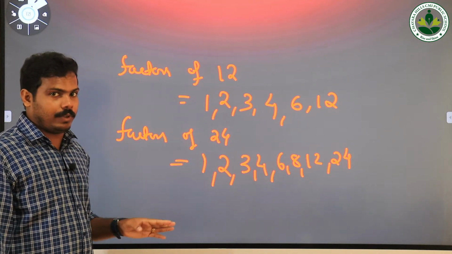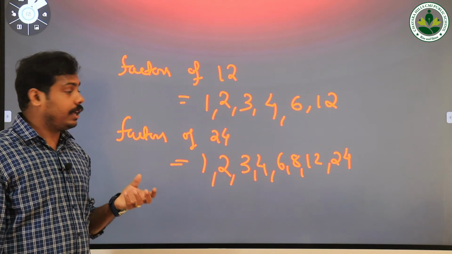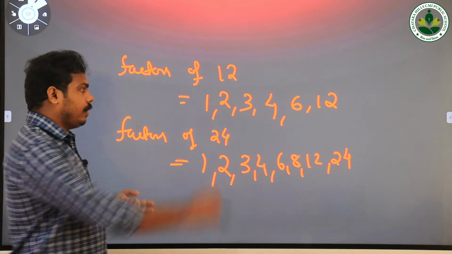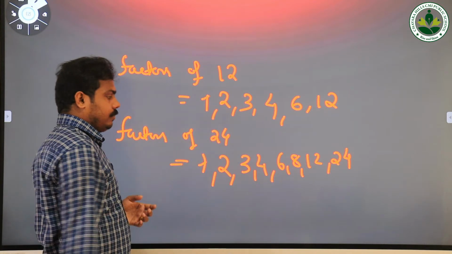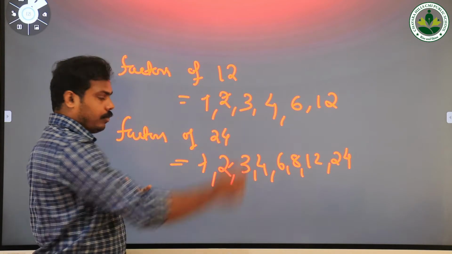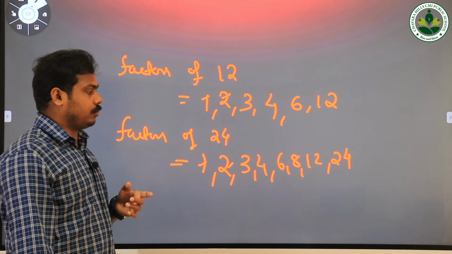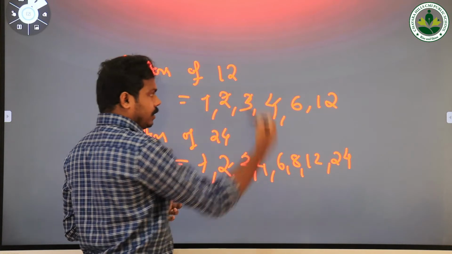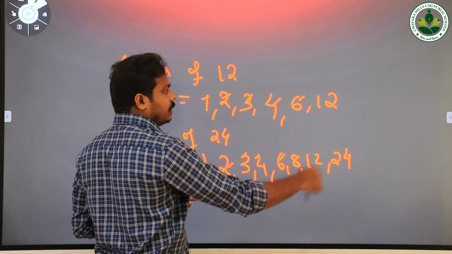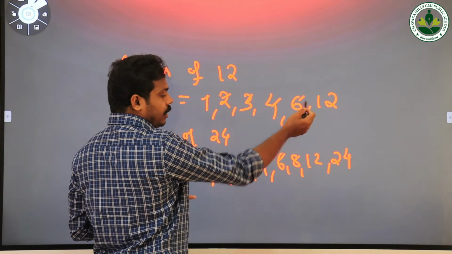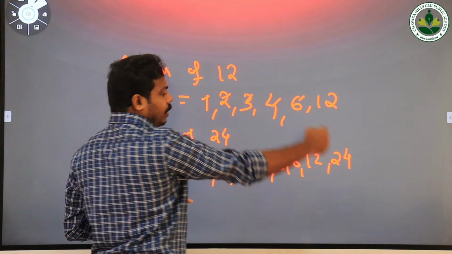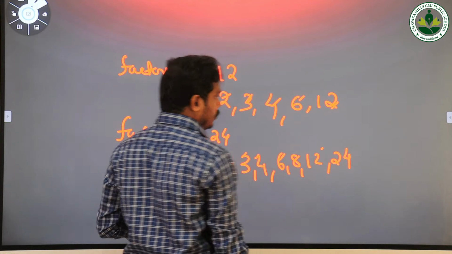From these two, we can get the common factors. Here in 12, we can see 1. 1 is here. 2, in both cases we can see 2. 3 is there in both cases. 4 is there. 6 is there. 8 is here, but not here, so it is not common. 12, yes, 12 is common. 24 is not common.